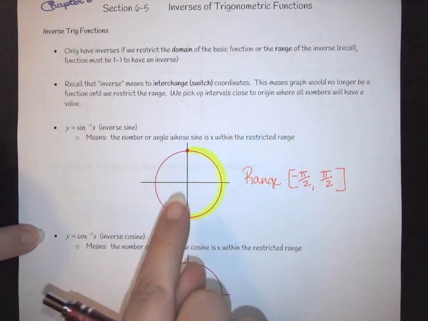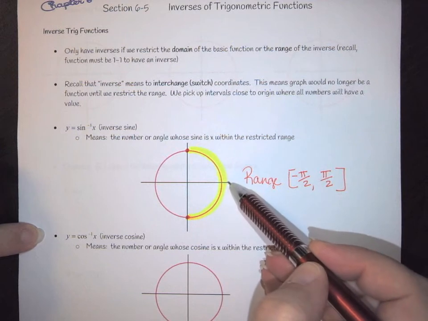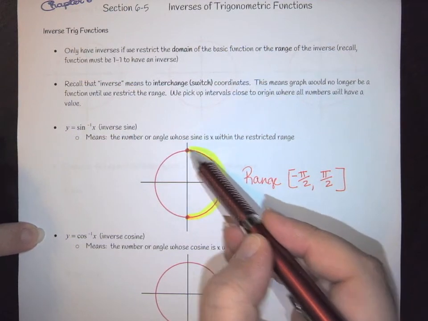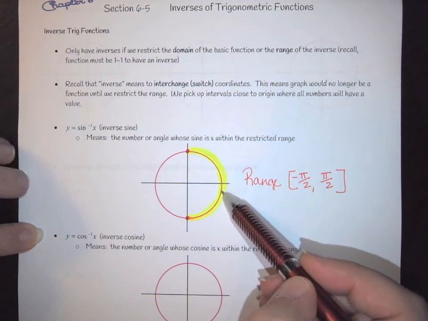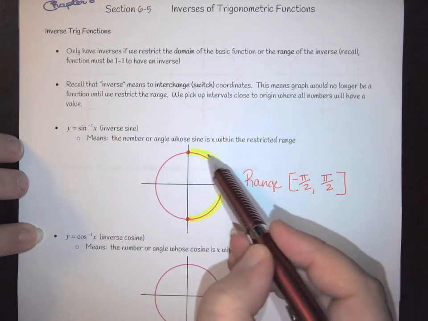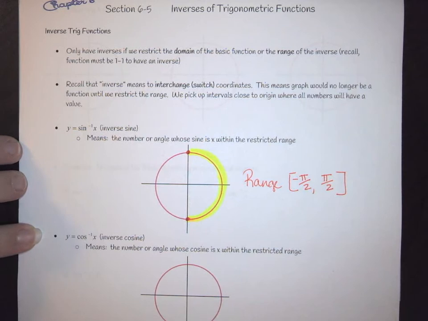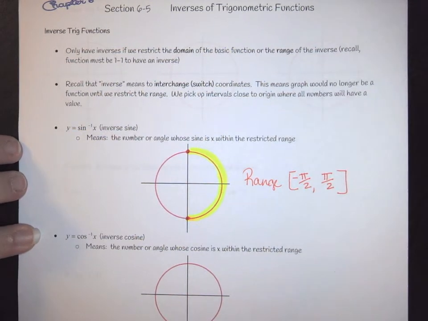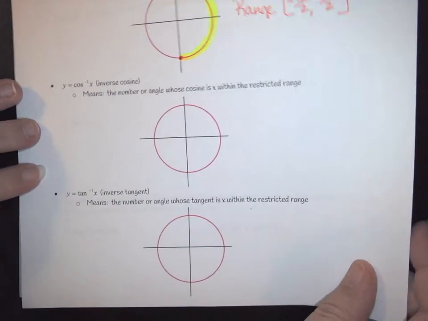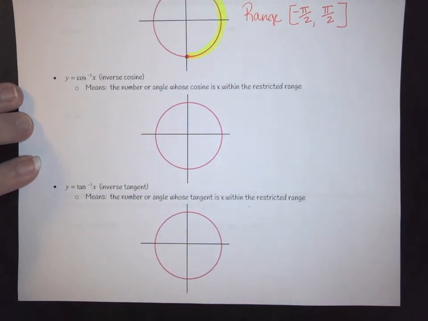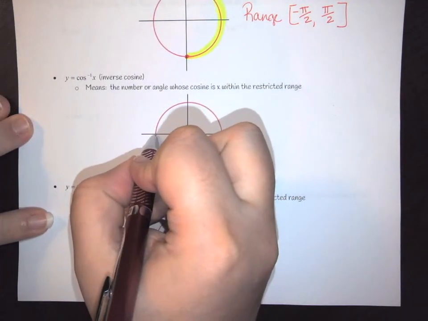If we start here at 0, pi over 2 means we're going to come up to 90. Negative pi over 2 says we're going down to 270, but we're using just this positive side.